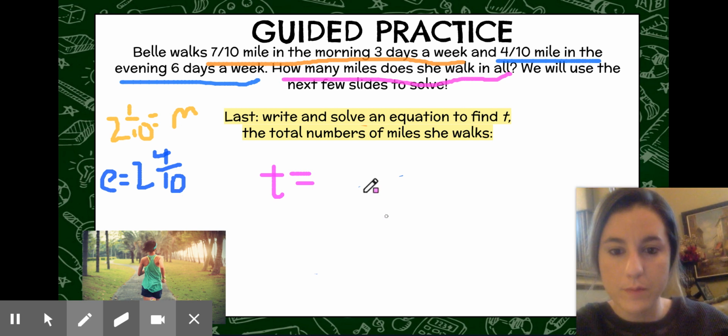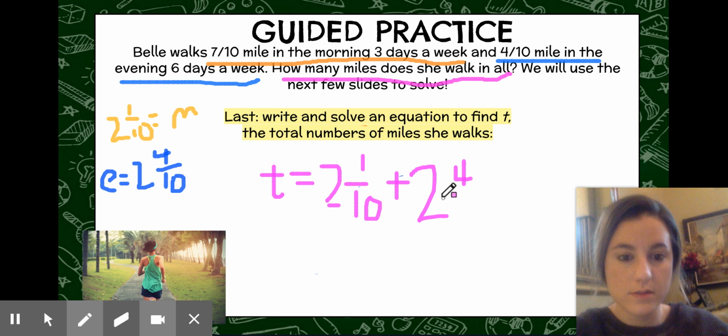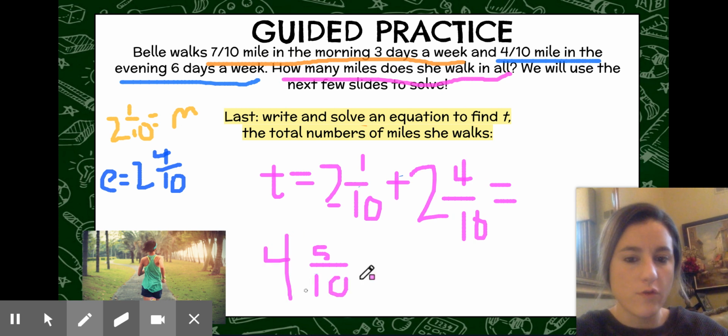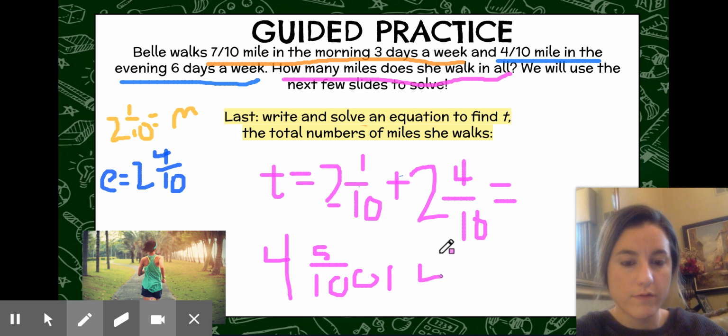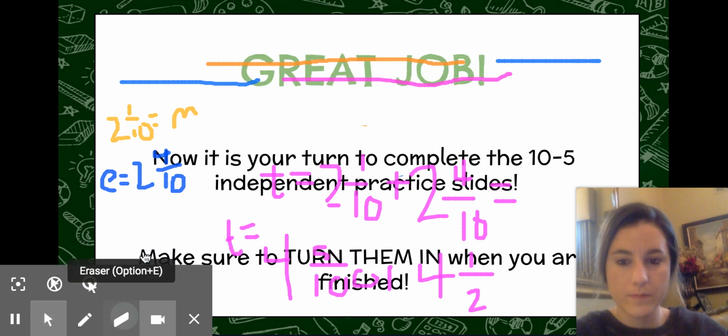No, I'm just adding them up. 2 and 1/10 plus 2 and 4/10, which equals, my fractions first, 4/10 and 1/10 is 5/10, and 2 plus 2 is 4. 4 and 5/10, or 4 and 1/2. Make sure to put my variable, T equals. Let me just erase this.